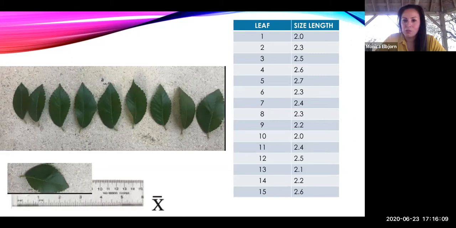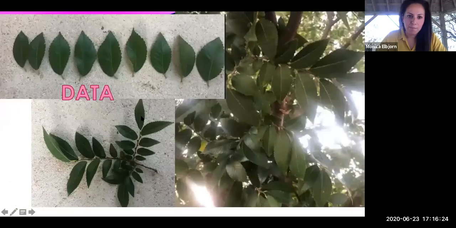From the samples that we took, which are observations or data, we analyze them. What if we want to find the average of the whole set of leaves? It will be different if I handpick the ones that are pretty similar.